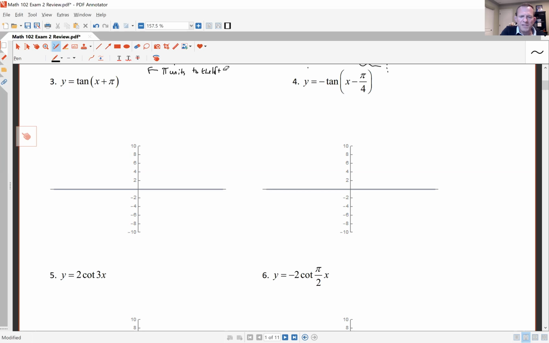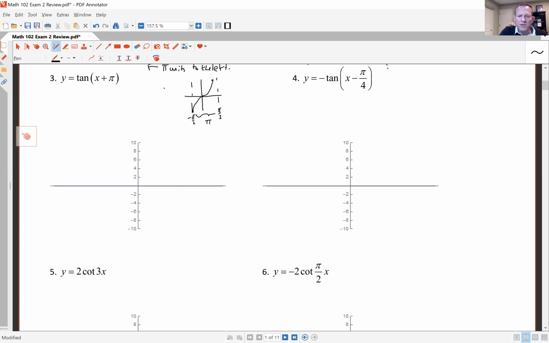So if I shift this graph pi units to the left, a tangent graph that already has a period of pi, and I shift everything over pi units, I get the same exact graph. So we're saying that tangent of x plus pi is the same thing as tangent x.